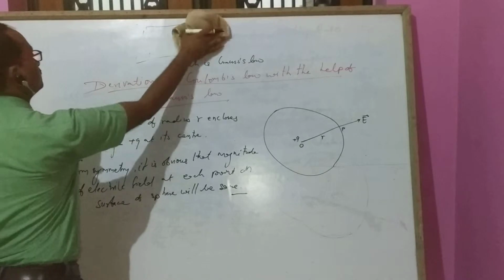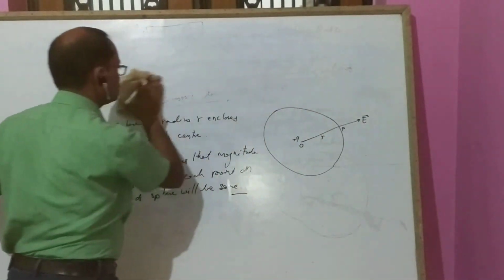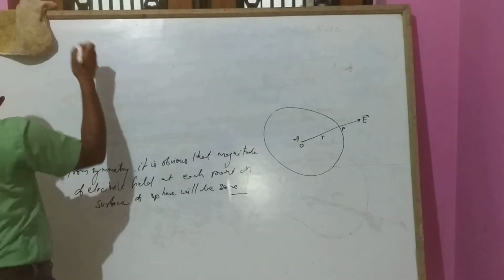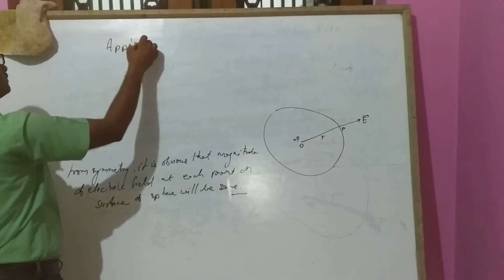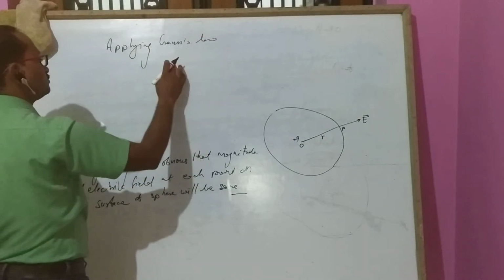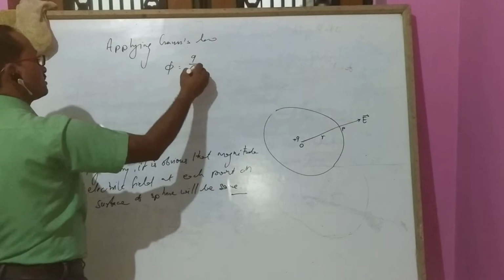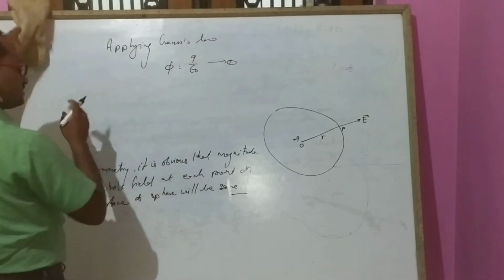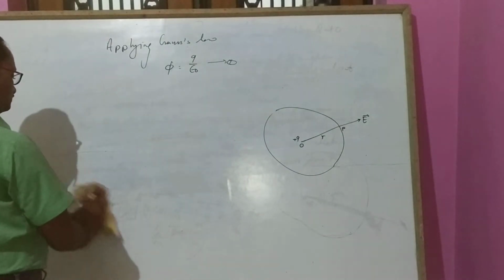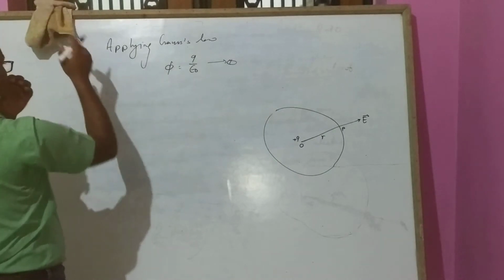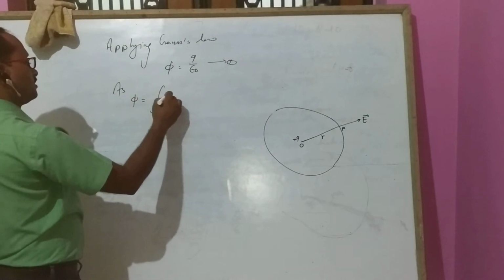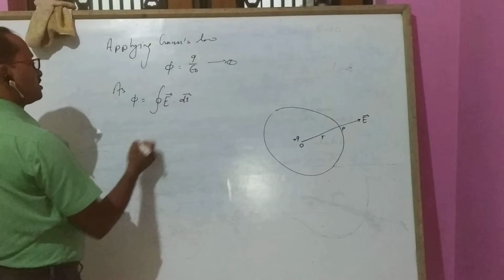Now I will apply Gauss's law. Applying Gauss's law, phi equals Q by epsilon naught, as phi equals integration of E dot dS.